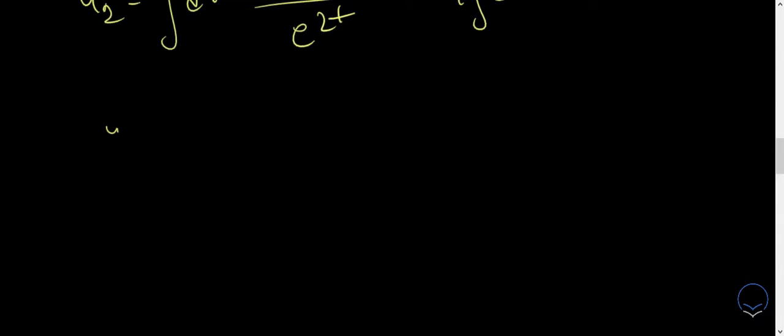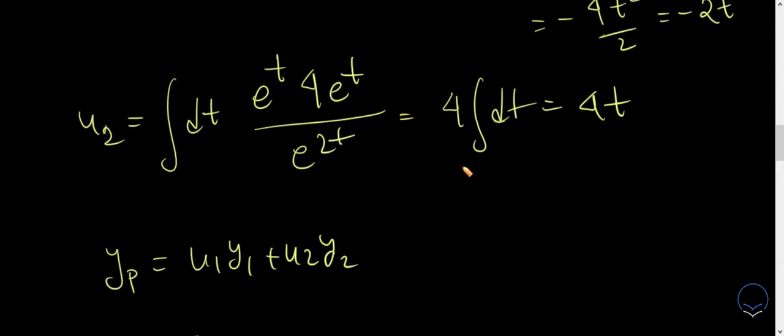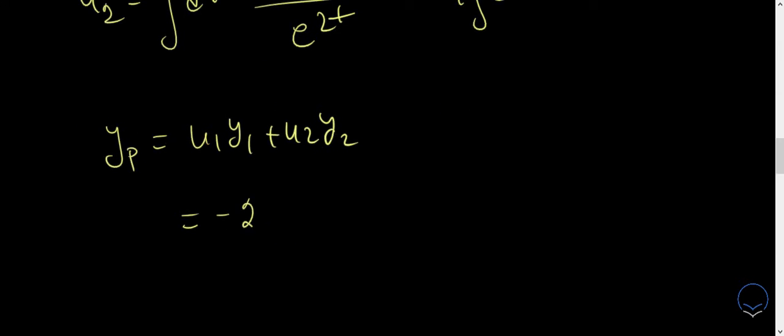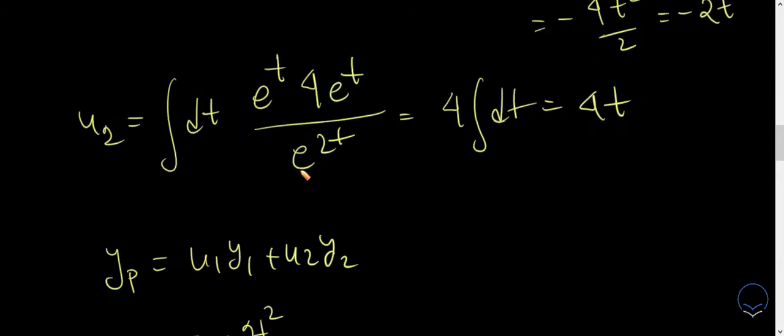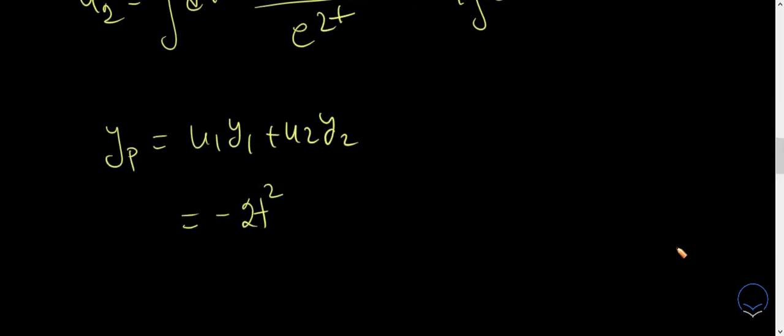So our particular solution will be u1 y1 plus u2 y2. u1 was minus 2t squared. Let me check again just so we know. Yeah, we have done this correctly. So this is minus 2t squared times y1. y1 was just e to the power t, and here u2 was 4t, right?